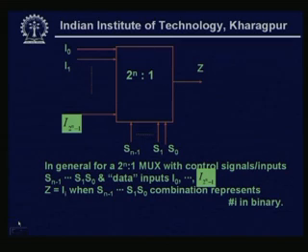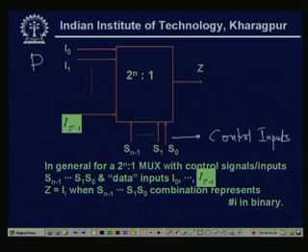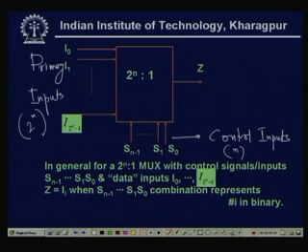If we draw the general diagram, then these are my n control inputs and these are my primary inputs. So for S0 to Sn minus 1, meaning n control inputs, primary inputs should be 2 to the power n and only one output.